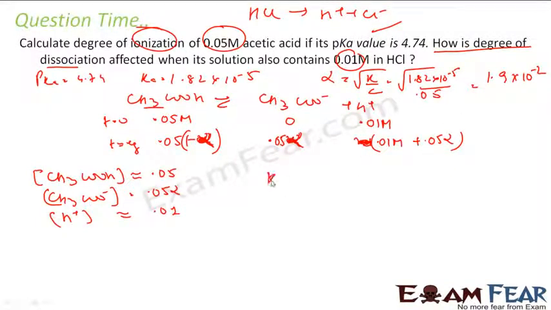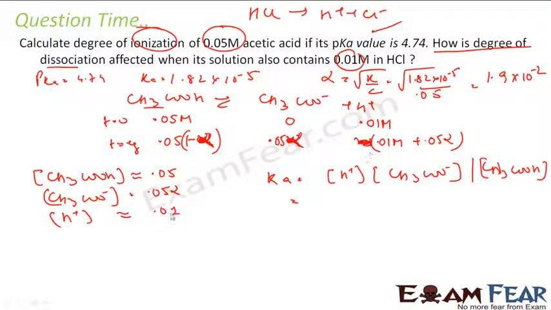If I write the formula now, K will become concentration of H plus times concentration of CH3COO minus by concentration of CH3COOH. H plus is 0.01, CH3COO minus is 0.05 alpha, by CH3COOH which is 0.05. It's cancelled.